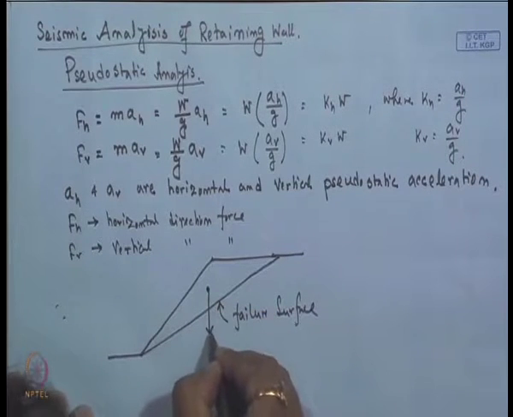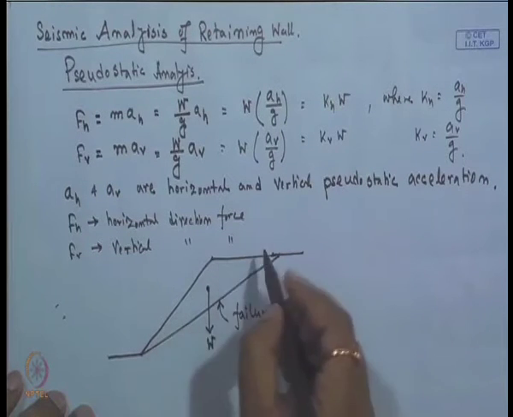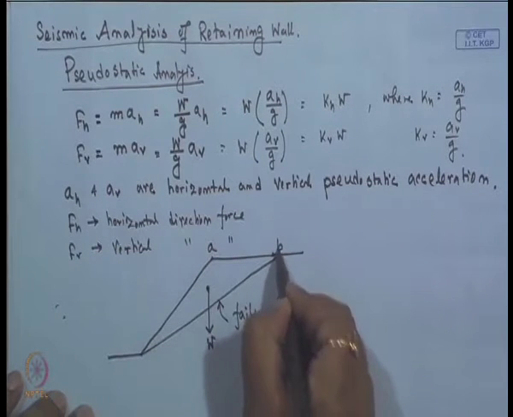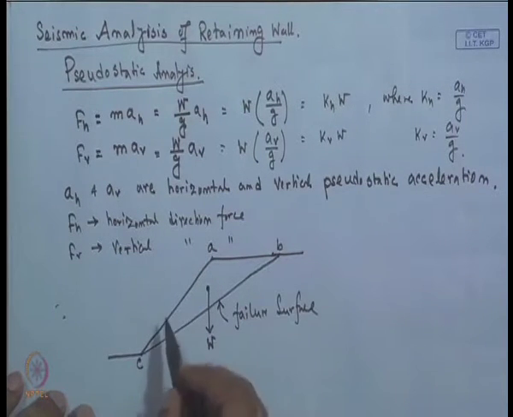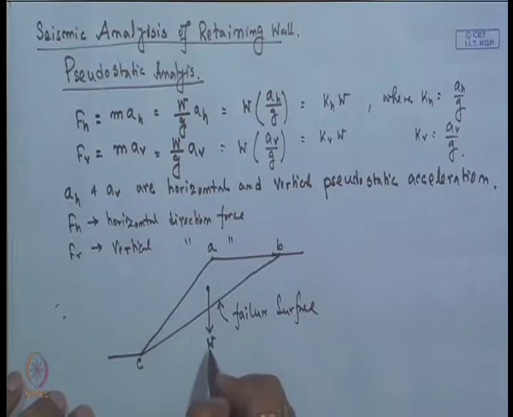The weight W of the failure zone is acting in the vertical direction. So, this is the static condition, where only the weight W of this failure zone, that is A, B, C, acts. The weight of this triangle ABC of soil is W, and that W is acting in the vertical direction.